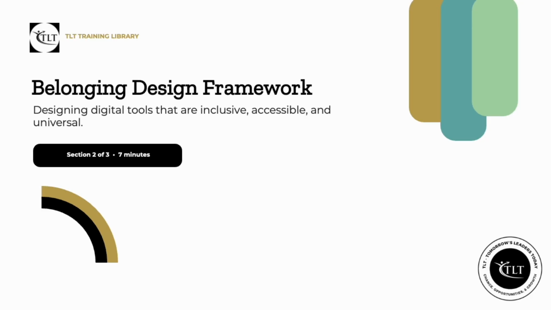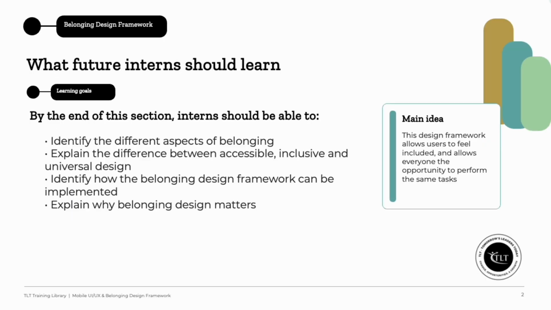Hi, so this is the Belonging Design Framework section, where you will learn how to design digital tools that are inclusive, accessible, and universal. So here are the learning goals for this section. So you should learn about the different aspects of belonging.